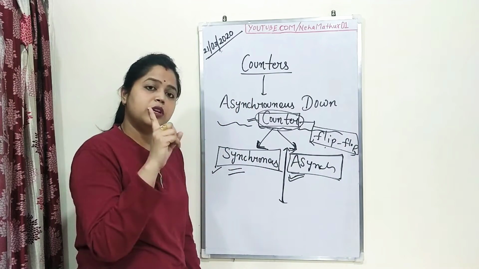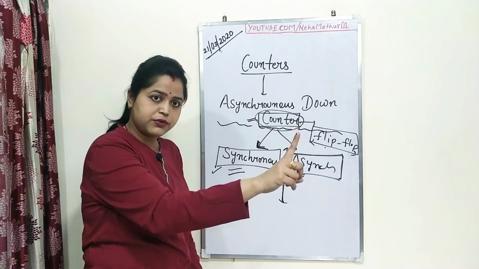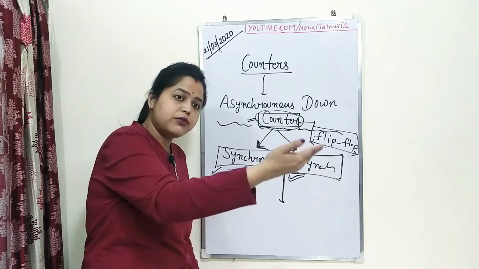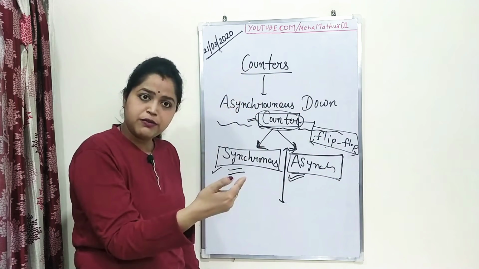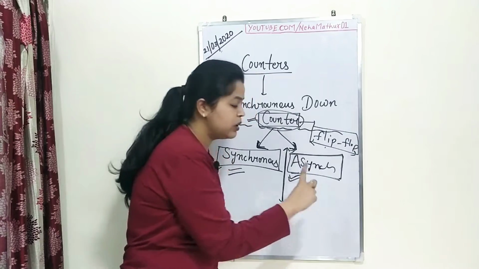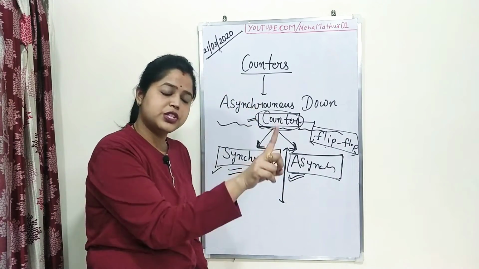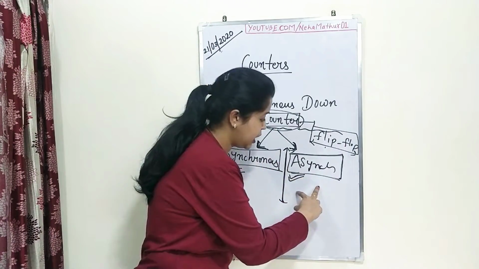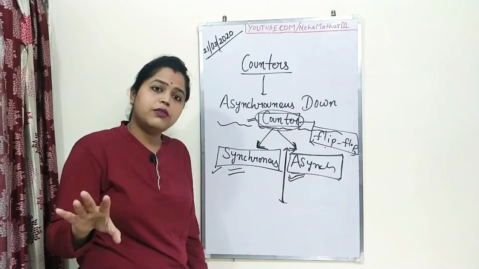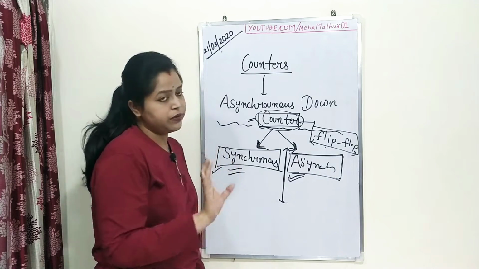So if you have only one clock for the first flip-flop, while for the other flip-flops you proceed with the output of the first flip-flop to the clock input of the second flip-flop. So whenever you have only one clock, just to initiate the first flip-flop, it comes under the category of asynchronous, while if you have individual clock pulses for all the flip-flops, it comes under the category of synchronous.